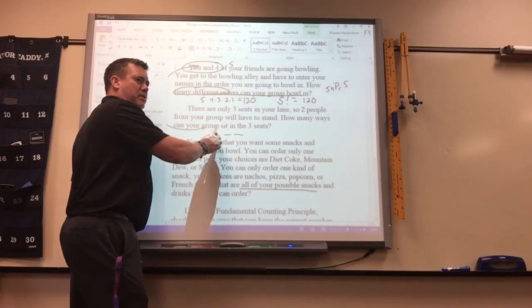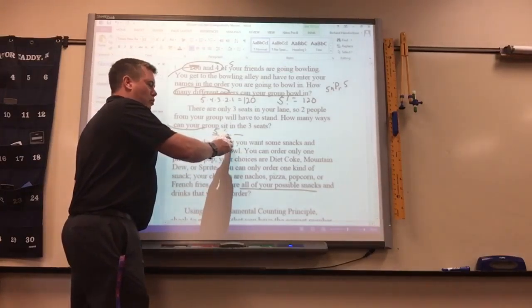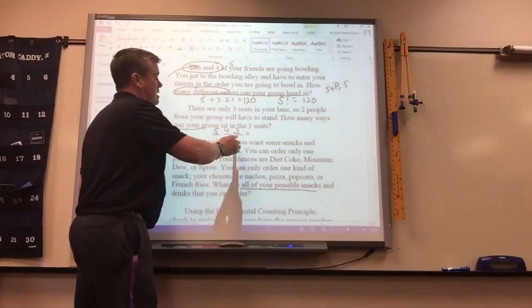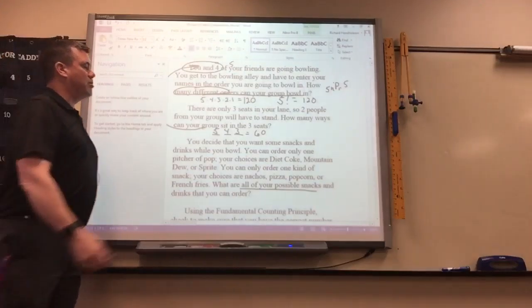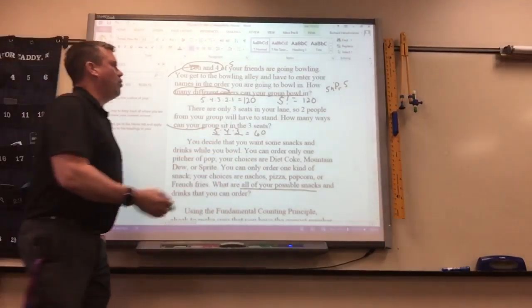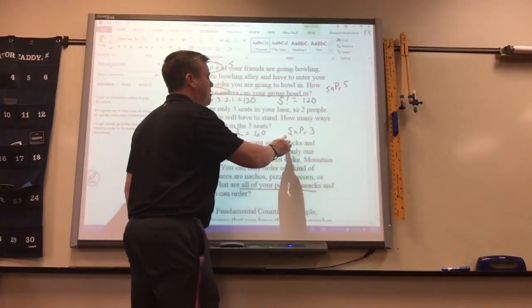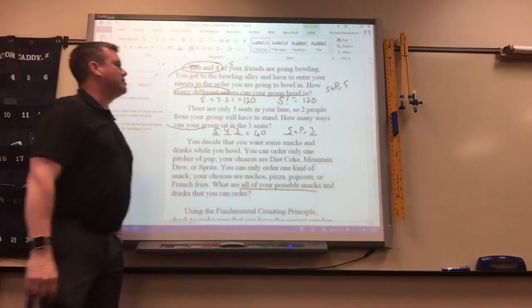How many people are there in the group? 5 could sit in the first spot, 4 in the second because someone's already there, and then 3. So then that's 60. The second way, you could do 5 NPR 3 because there's 5 people, but only 3 can be used. And you'd get the same answer.